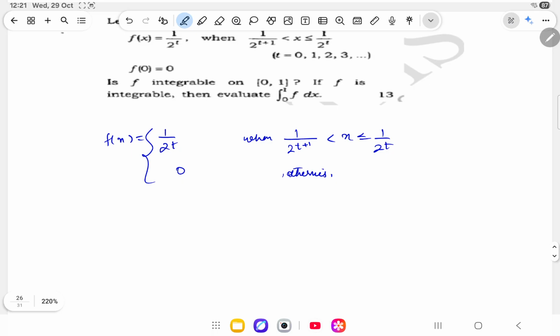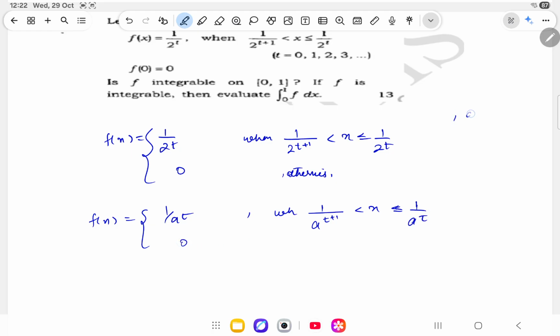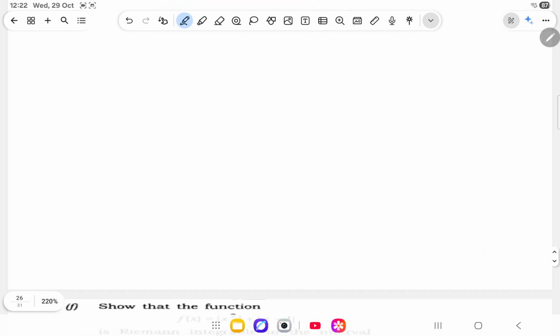We have done a general case wherein our function f x is equal to 1 by a raised t when x lies between 1 by a raised t plus 1 less than x less than or equal to 1 by a raised t, and 0 otherwise. So in that question, if you put a equals 2, then this is basically a particular case of that. You can refer to the previous video to see its solution. Let's move on to discuss the next question.